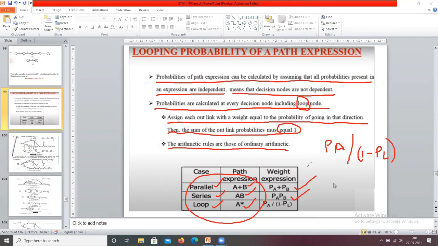So these are the arithmetic rules you are going to apply to find the probability of a path expression. Now we see the example.